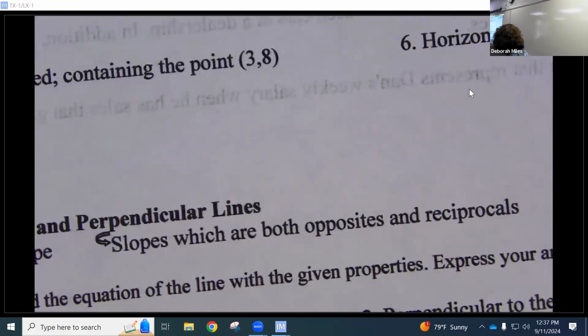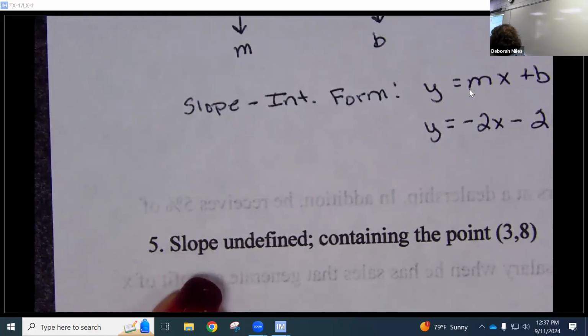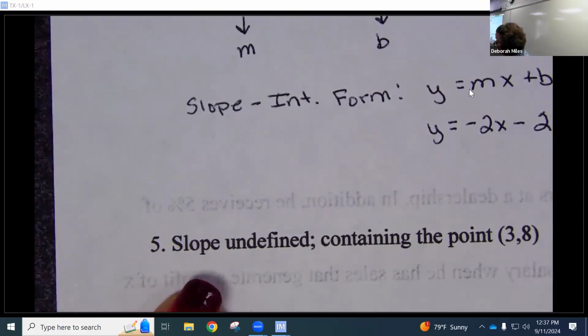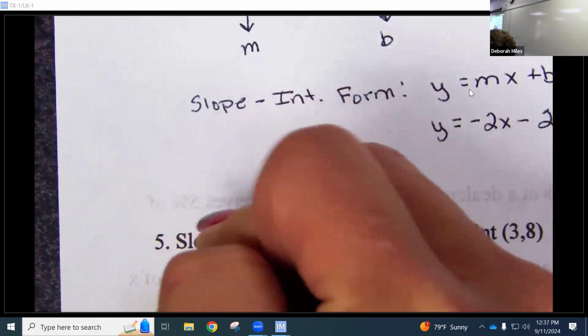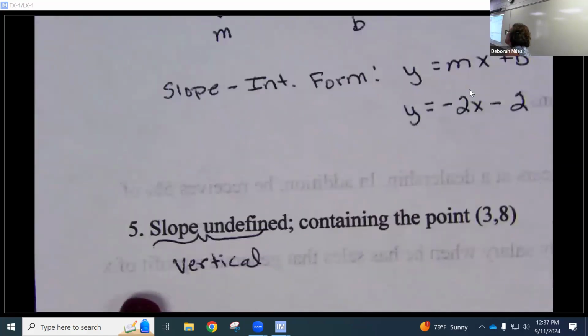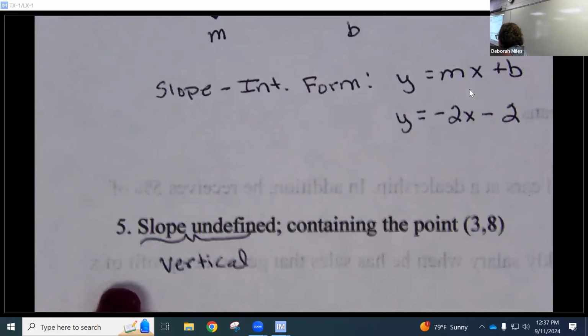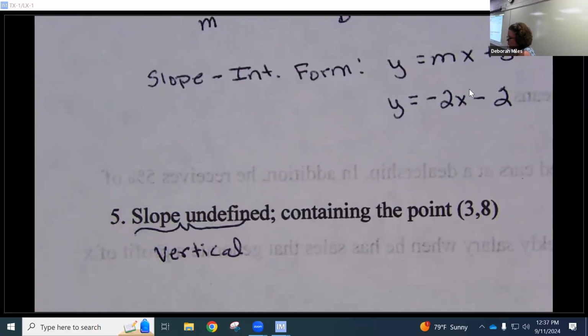And if you tell me that a line has undefined slope, what do I know that line looks like? It's vertical. And if you tell me a line is vertical, what does its equation look like? Is that when x is a constant gives you a vertical, or when y is a constant that gives you a vertical?